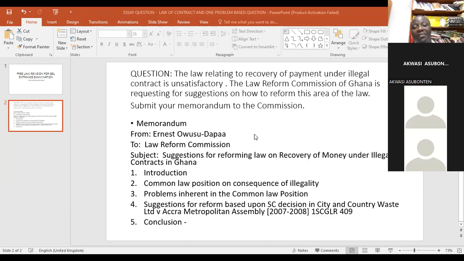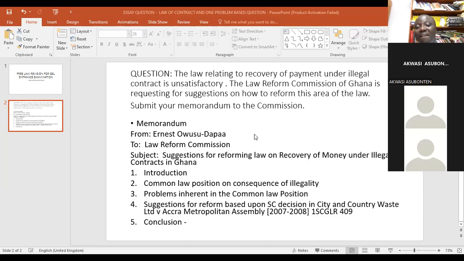So here we finished our introduction, and one thing you have noticed is that in this introduction, we have declared our purpose of writing the memo, our intention, and we have been able to situate that within what is going on.